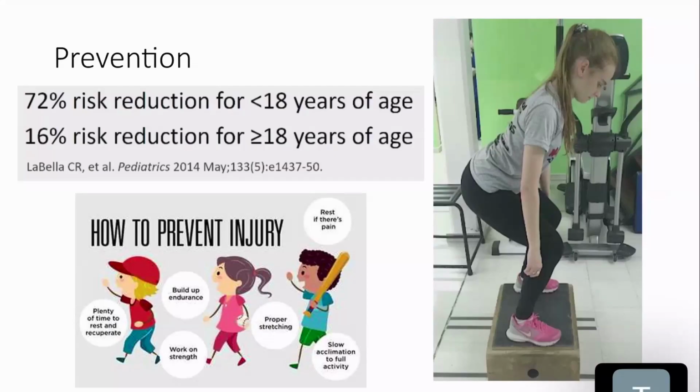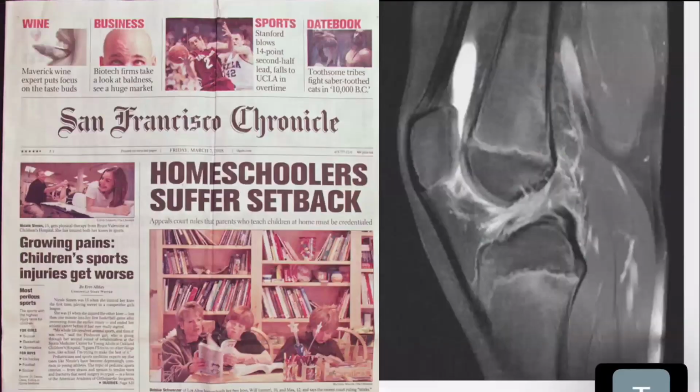So it's still important to get athletes into, let's say, a center for female athletes or physical therapy, where their athletic trainers are well trained and familiar with these preventative measures to try to prevent these injuries from happening, as they're very devastating.